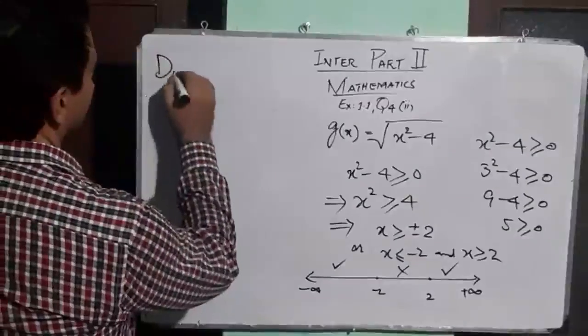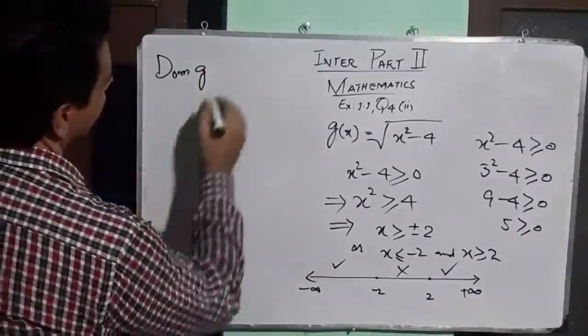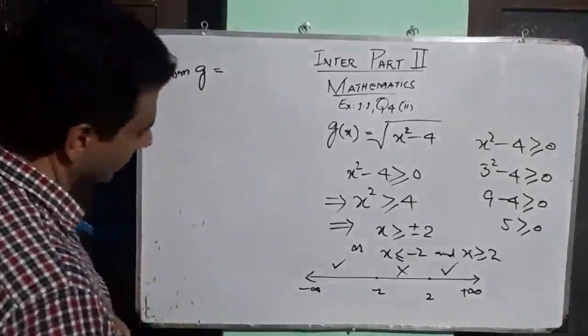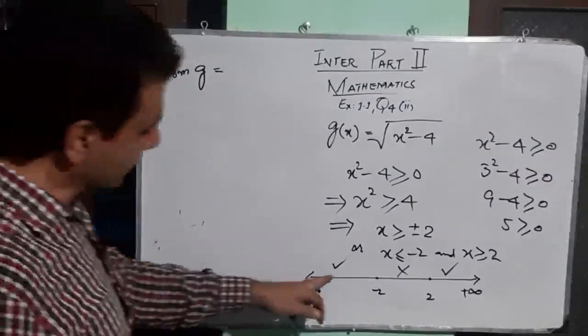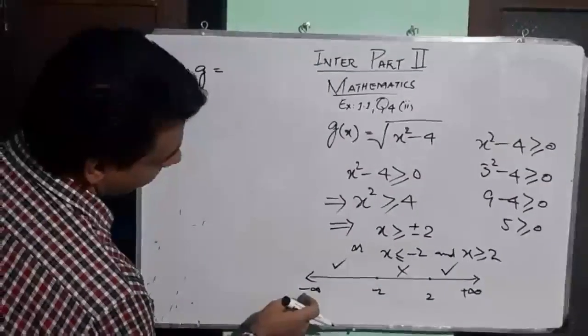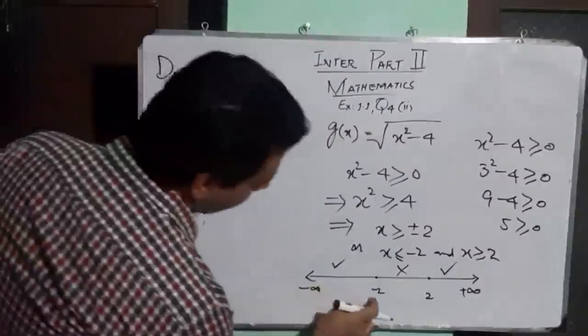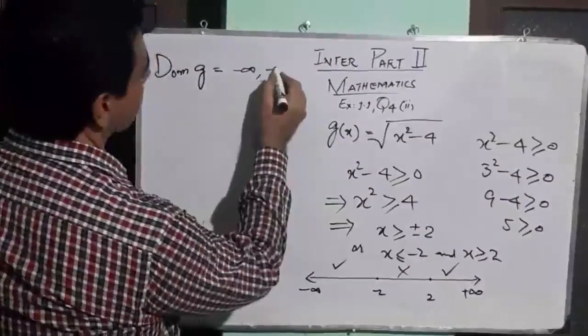So the domain of g will be, because these intervals are defined, we have checked this and this. It starts from minus infinity to minus 2.